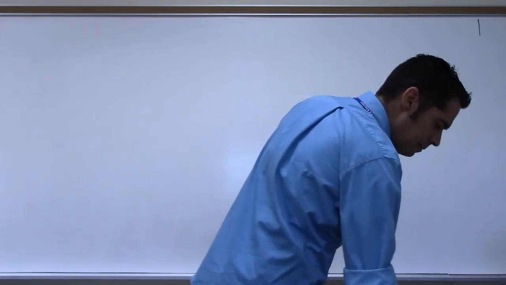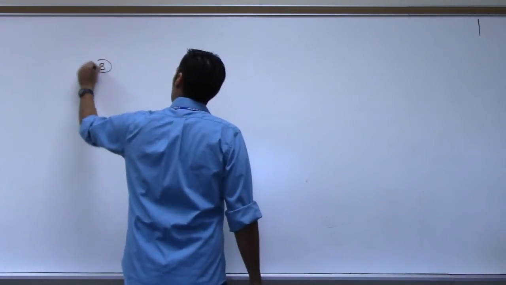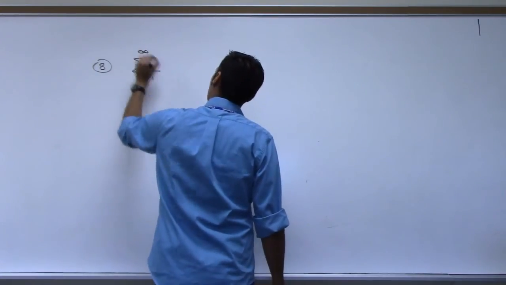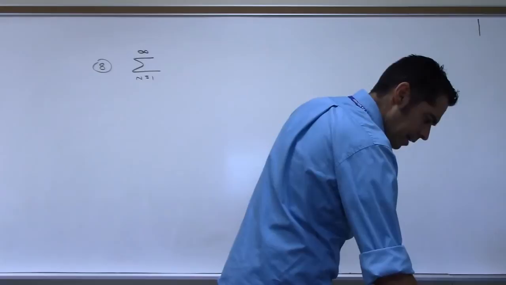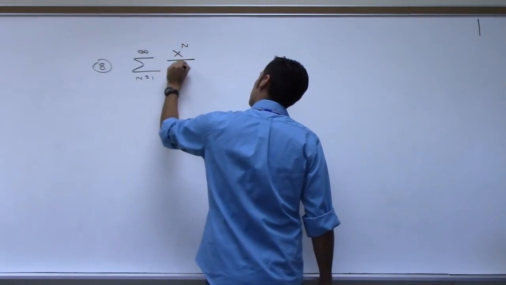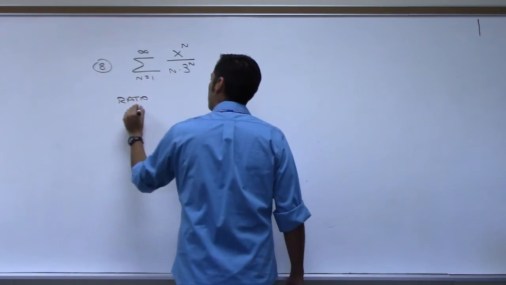Eight. Sum n equals 1 to infinity, x to the n over n times 3 to the n. Set up my ratio test.